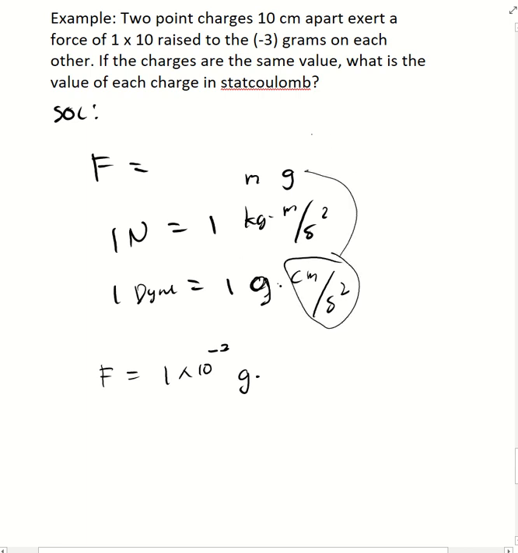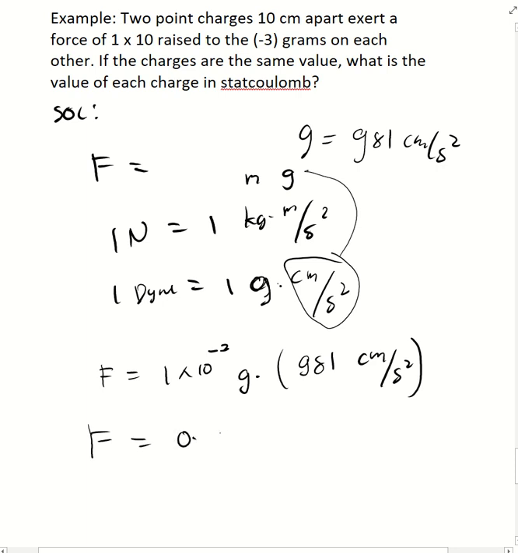The value of gravity is around 981 centimeters per second squared. So you just multiply this with 981 centimeters per second squared so that it becomes dyne, and this is equal to 0.981 dyne. It's now in dyne, the force.